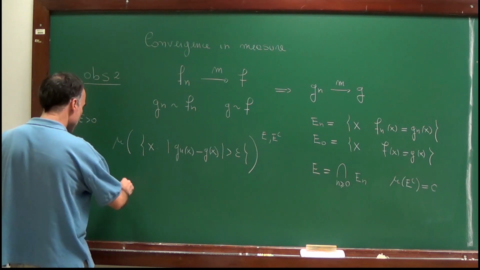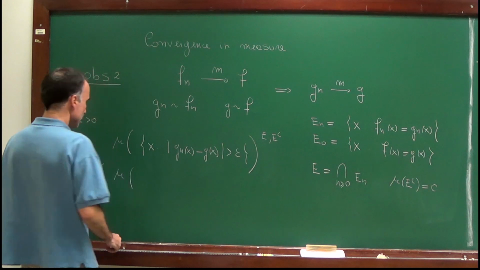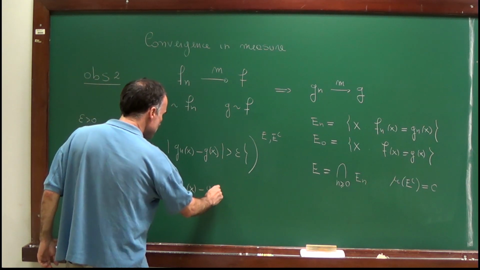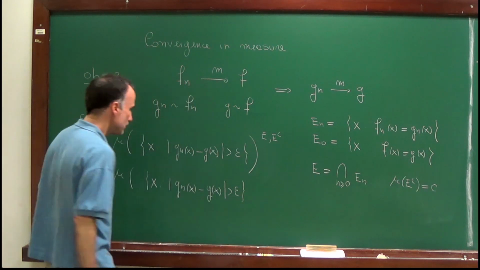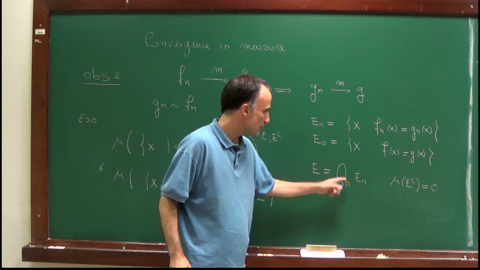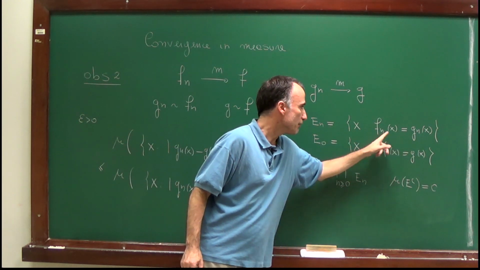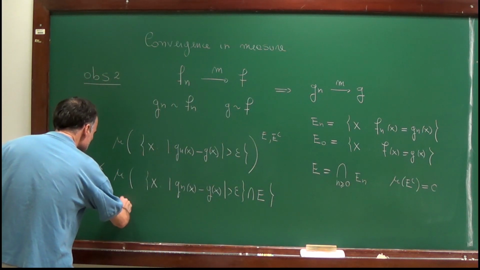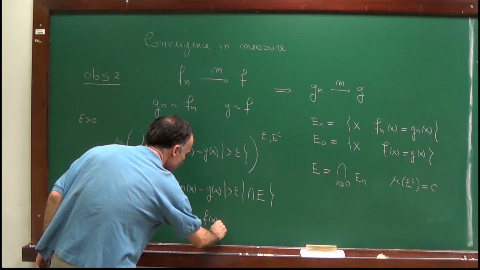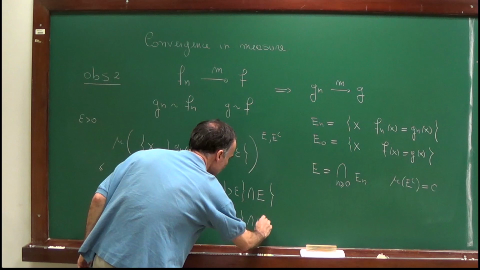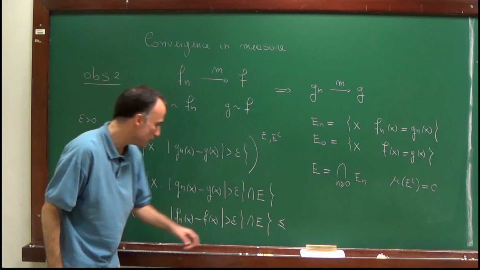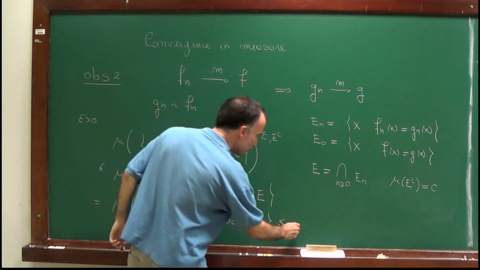So let me write what I'm doing. I'm first claiming that the measure of this set is less than or equal to the measure of points x such that |Gn minus G| is larger than epsilon, intersection E. But on the set E, which is the intersection of the sets En, I can replace Gn by Fn and G by F. And now I can bound that by the measure of the same set without intersection E. And for that set, since Fn is converging to F in measure, this goes to 0.